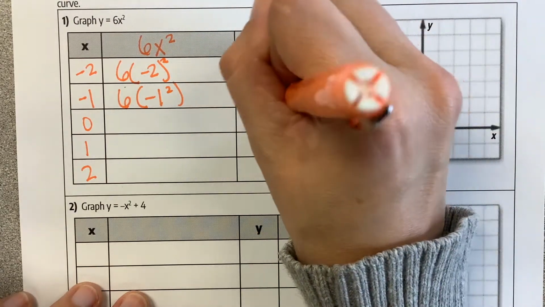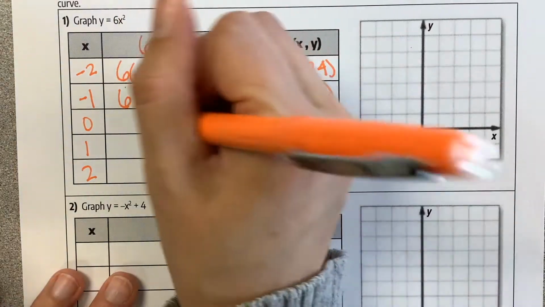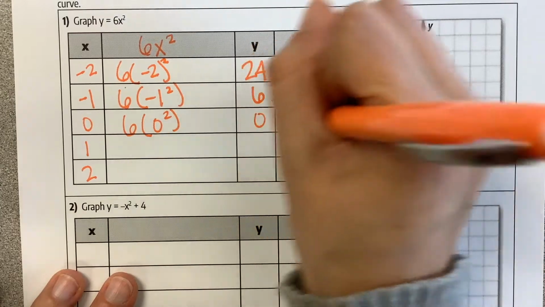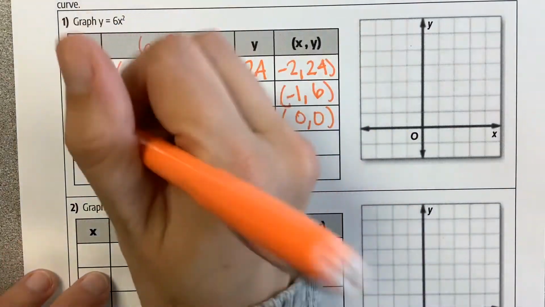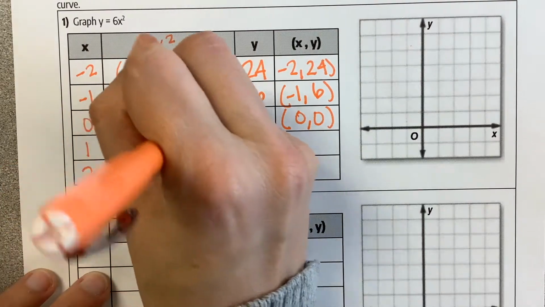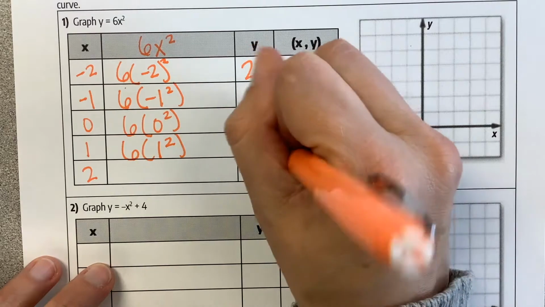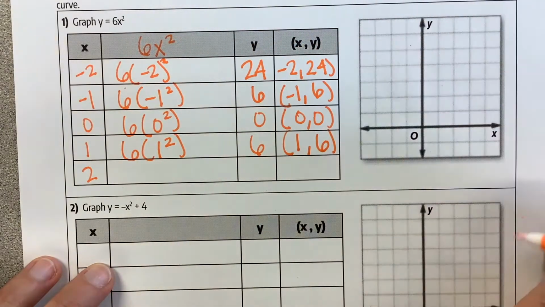So we get the ordered pair -1, 6. Plugging in 0, 6 times 0 squared is just 0. So 0, 0. Plugging in 1, 6 times 1 squared. 1 squared is 1, times 6 is 6. So we get the ordered pair 1, 6.